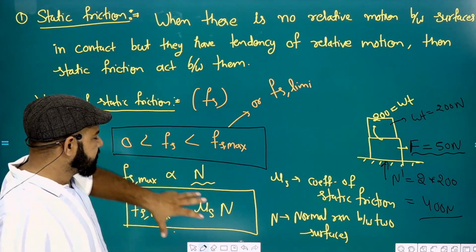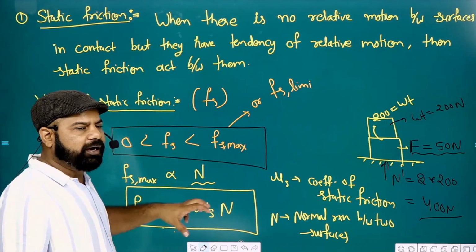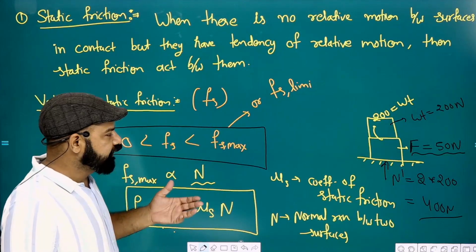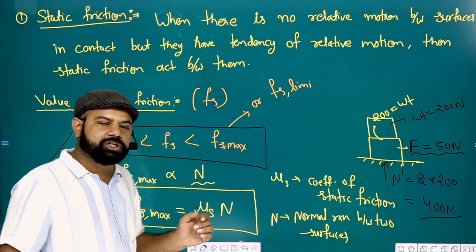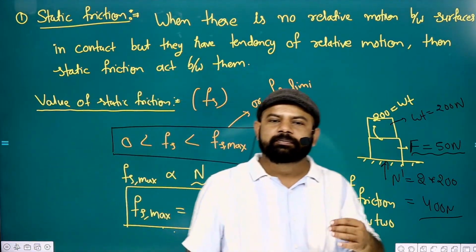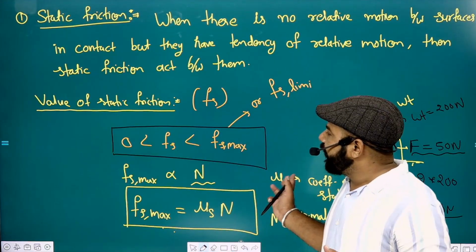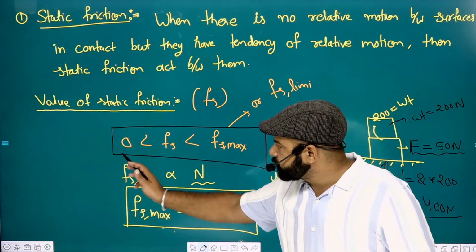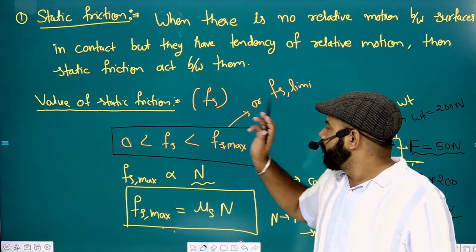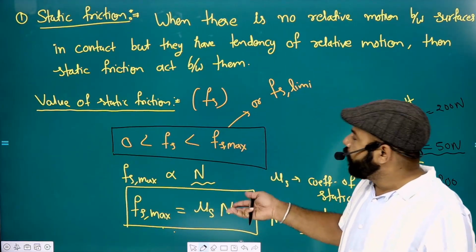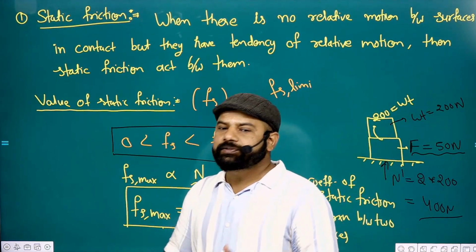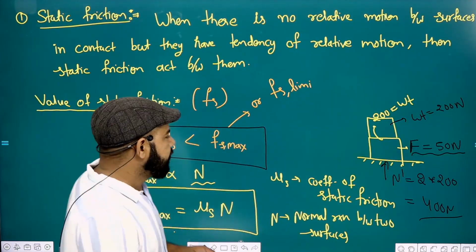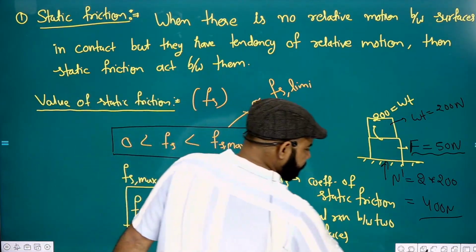So this is the maximum value of limiting friction, but we have already seen that static friction is not always acting at its maximum value. It can adjust its value as per the requirement. So this acts between 0 to Fs maximum, which is mu s into N. This is static friction.